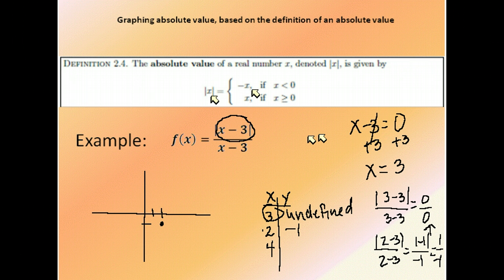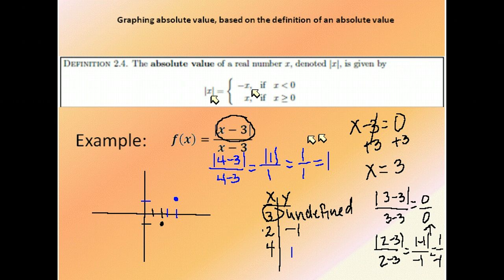Let's try 4. Do 4 in blue here. If I put 4 into my function, I get the absolute value of 4 minus 3 over 4 minus 3, which gives me the absolute value of 1 over 1. 1 over 1 is 1. So I know the point (4, 1) is on my graph also.